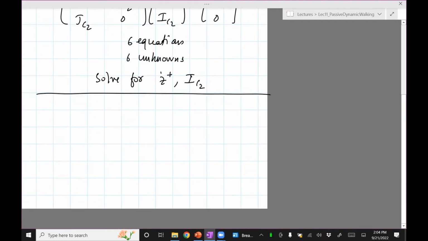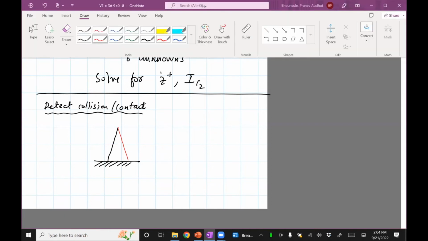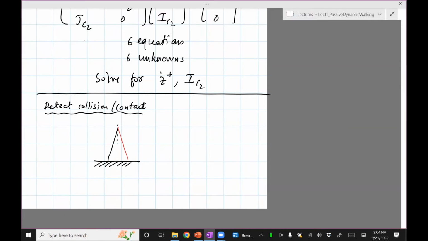Okay, so we need to detect collision or contact. So in all my illustrations, the black leg was the trailing leg, and then the red leg is the one which has now made contact.